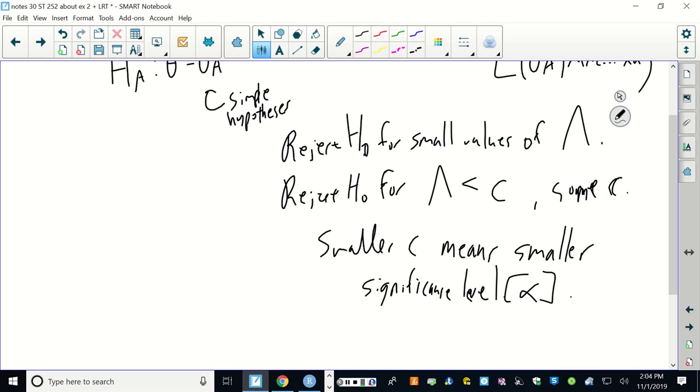Has to have less power than the likelihood ratio test. Right? So for any fixed level alpha, for these simple hypotheses, the likelihood ratio test minimizes the type of error. So the likelihood ratio ends up being the best test at a certain alpha level. Right? So it's a big result.